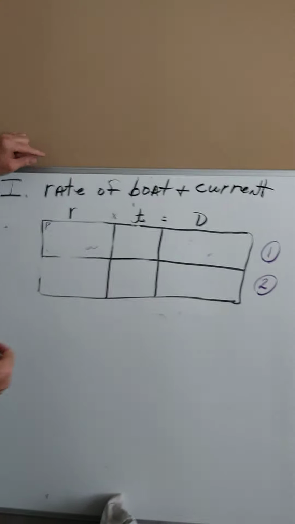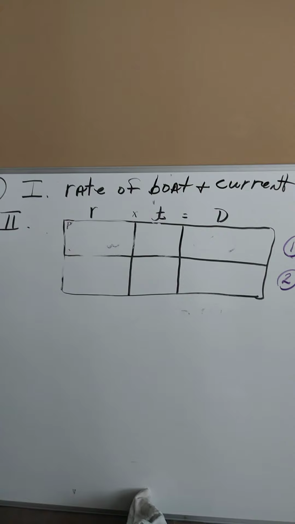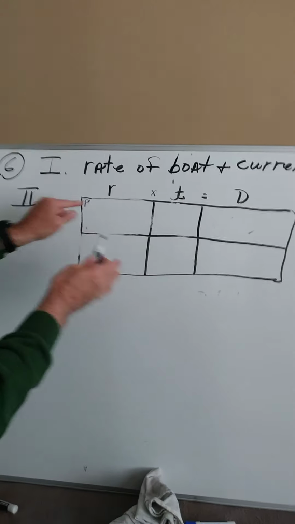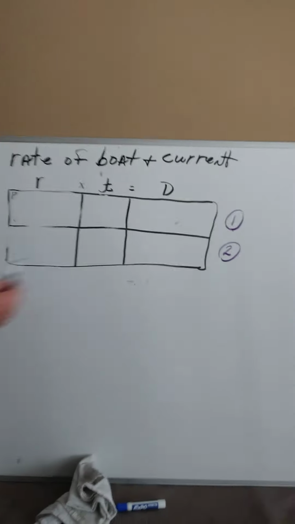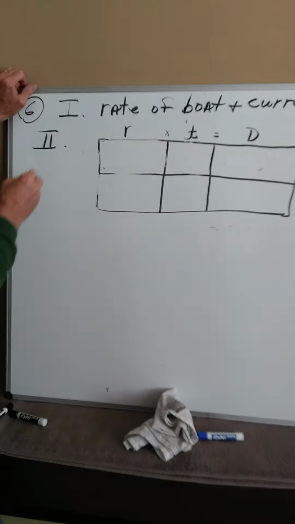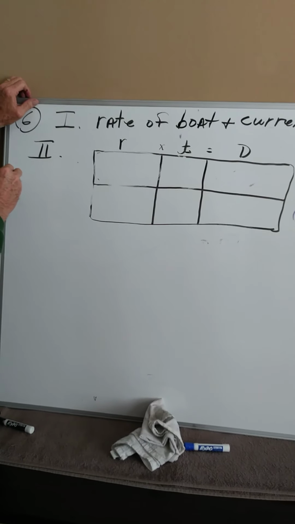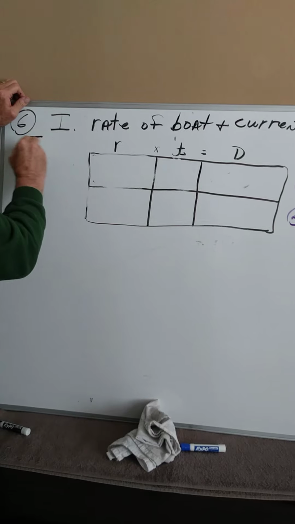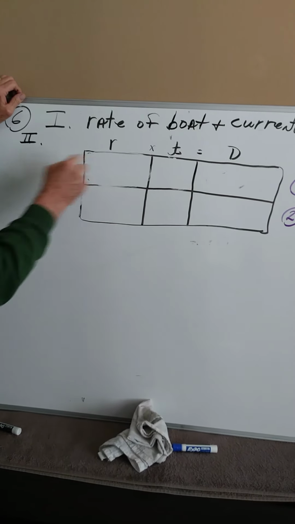How fast is the boat traveling and how fast is the water moving? Same chart. Same 1 and 2 over there. Title of row number 1. I'll use the words that were used in the problem, and I'll give you a couple of things here. Row number 1.